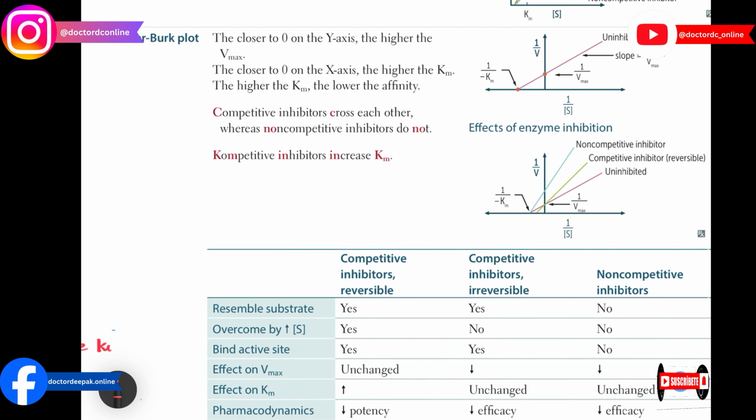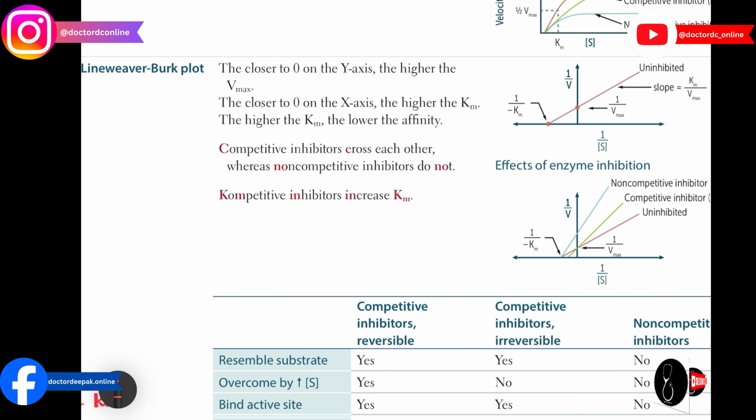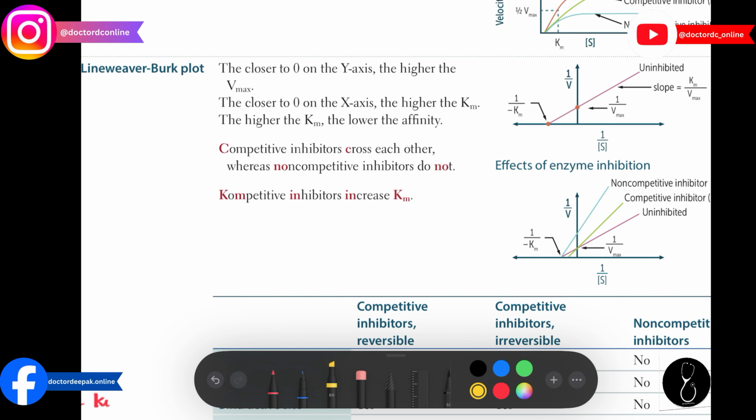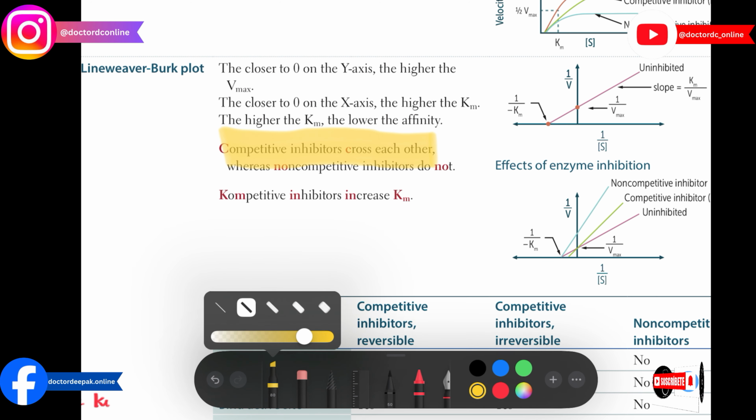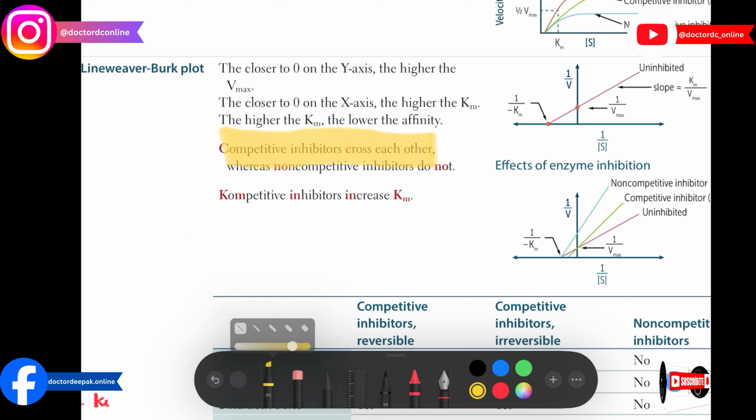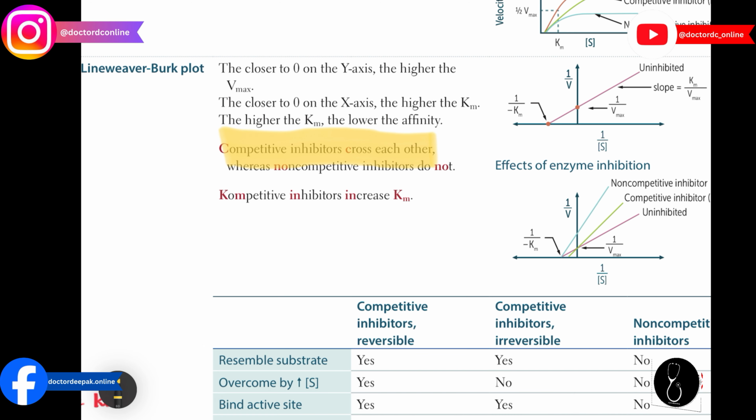So if you read the book, competitive inhibitors resemble the substrate, whereas non-competitive inhibitors do not. And competitive inhibitors increase the Km.